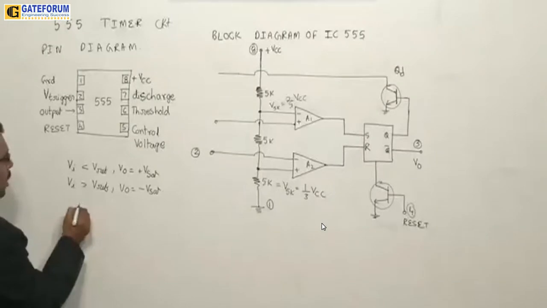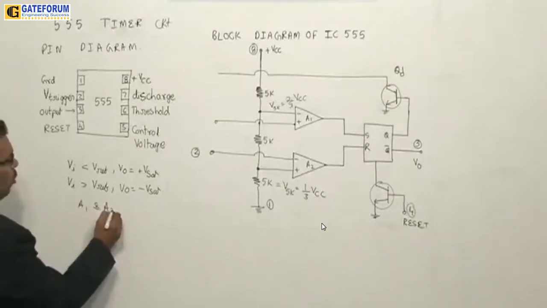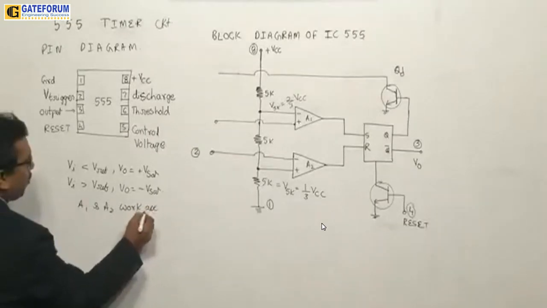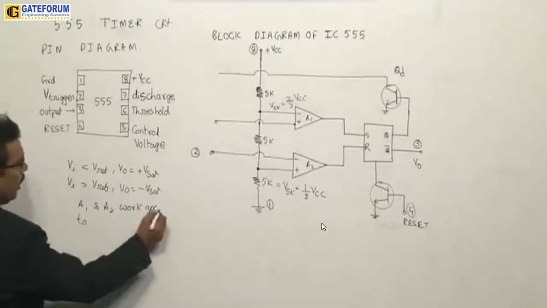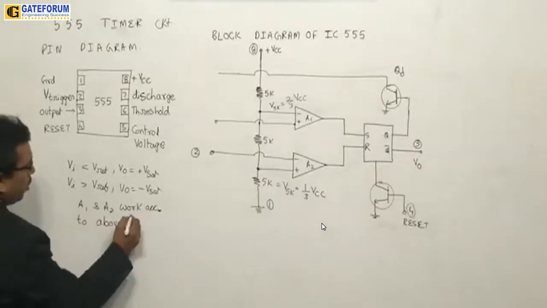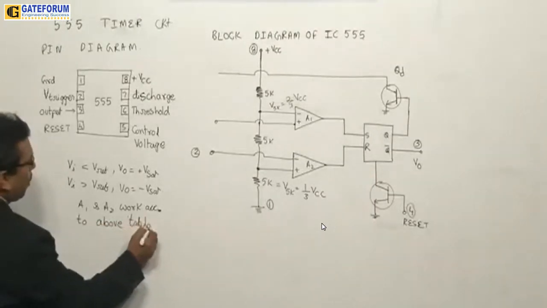They are fixed, no change. So A1 and A2 work according to the above table.